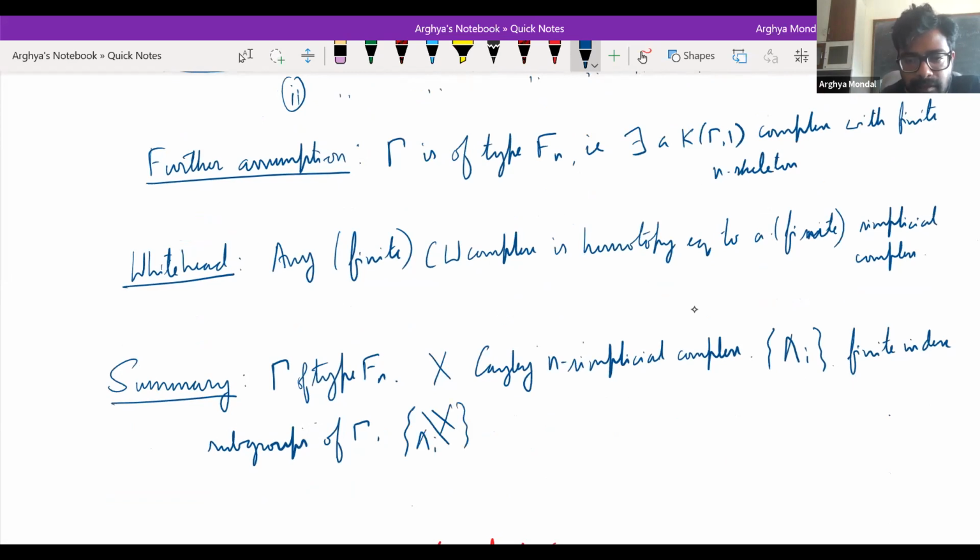So my claim, from our discussion, is that this is a family of bounded degree finite simplicial complexes.